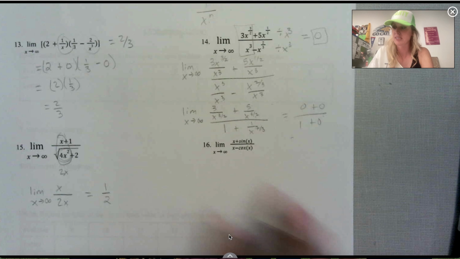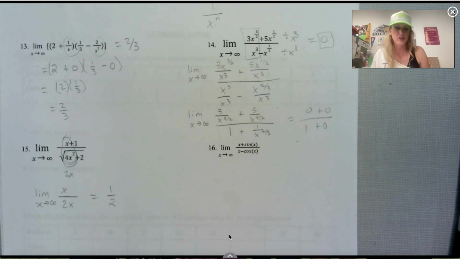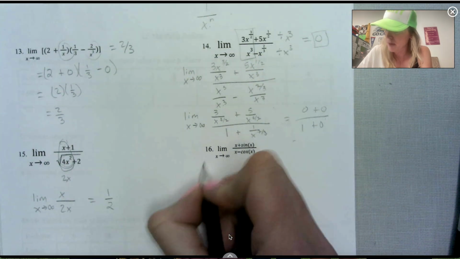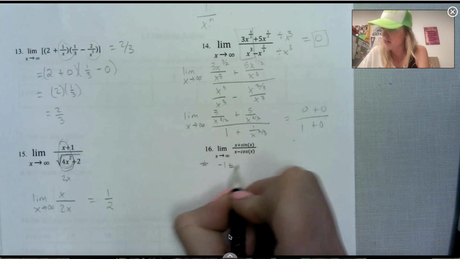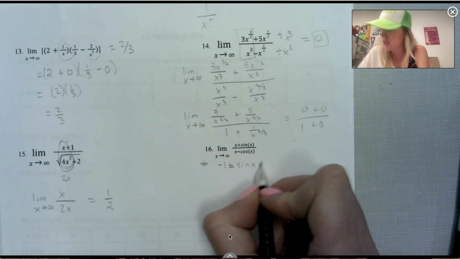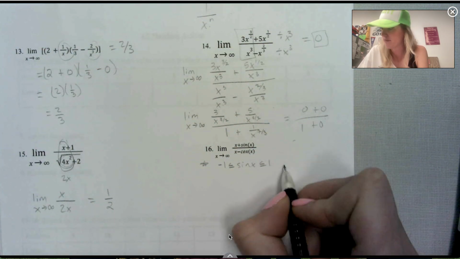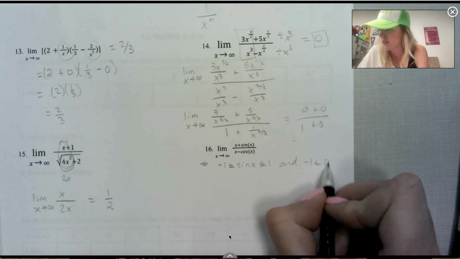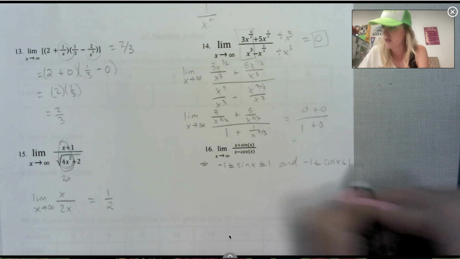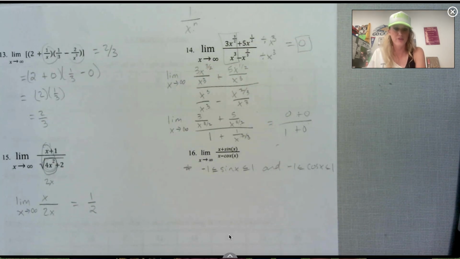Okay, last one, 16. This is going to involve a trig function, okay? So something to remember about sine and cosine. Sine lives between -1 and 1. So does cosine, right? Cosine is between -1 and 1. Okay, so that's good for us to remember.